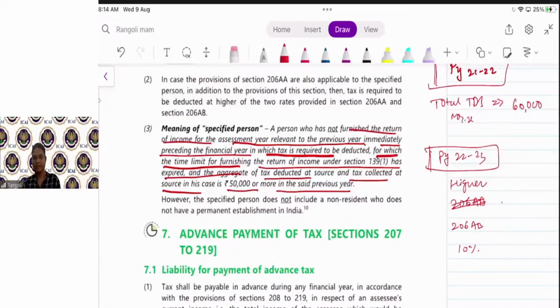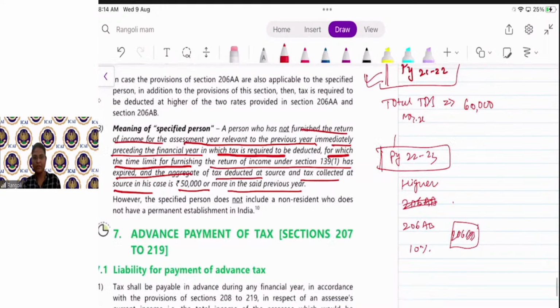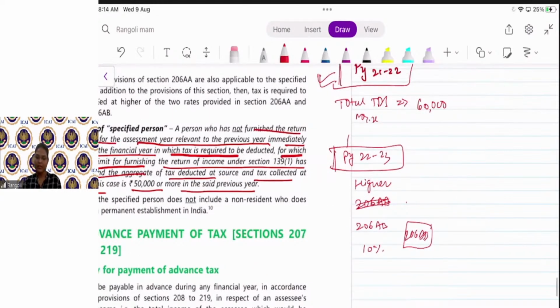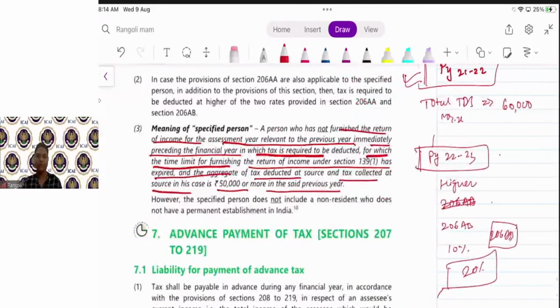But as per section 206AB, if Mr. X has not filed his return for previous year 21-22 and in previous year 21-22 his total TDS deducted was more than 50,000, then in previous year 22-23 payer will deduct TDS at the rate of 20%. That is twice the rate prescribed in the section.